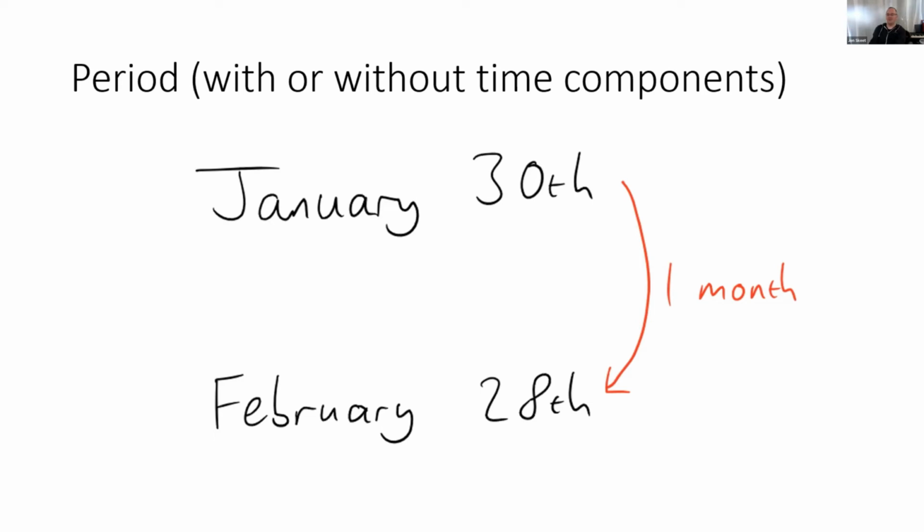But also, if they bought something on, what would it be? I guess August the 30th, and then you add 6 months to that, and assuming I've got things right, I think I have, that would be February the 30th. Well, that doesn't exist. So does it actually extend to March the 1st, or is it the last day in February?